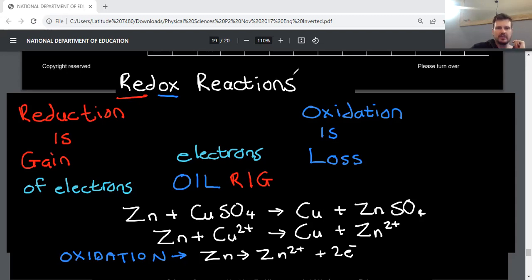Let's look at what happens with the Cu2 plus. It's positive, so how does it get to Cu? It must gain 2 electrons, because it's 2 plus over there. To go to neutral, it must gain electrons. And so this must be the reduction half reaction.